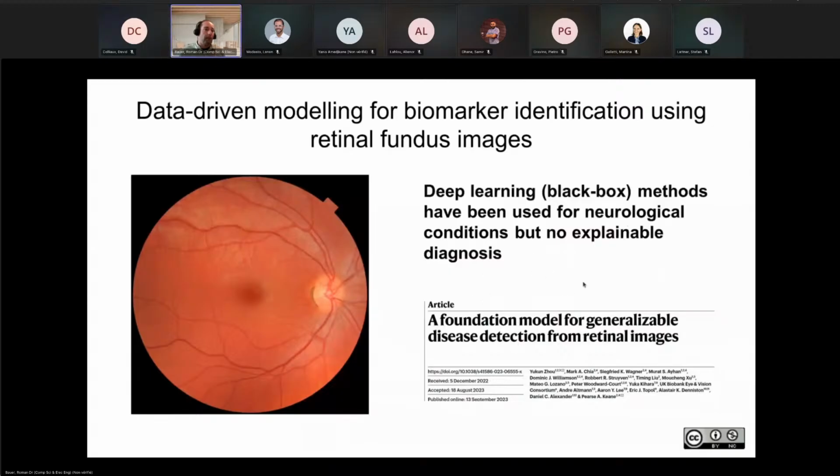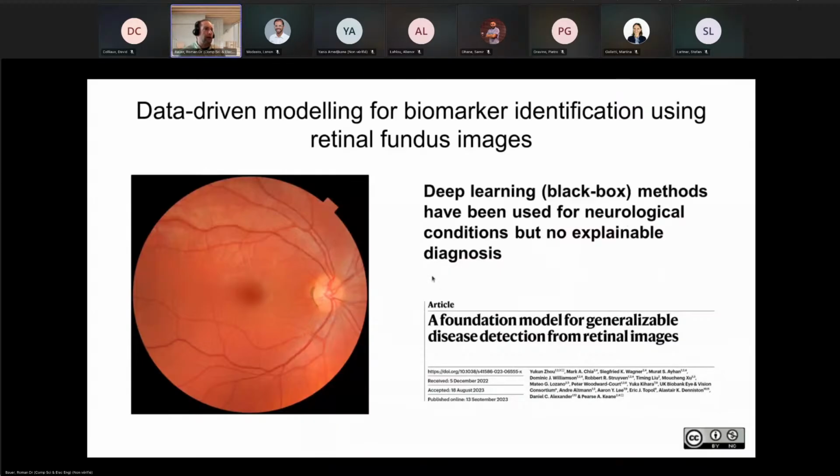So this is one of the challenges currently with the diagnosis based on retinal images: usually these deep learning methods are black box approaches. It's very difficult to really understand, not only for the patient but also for the doctor, why a certain conclusion came out of that.